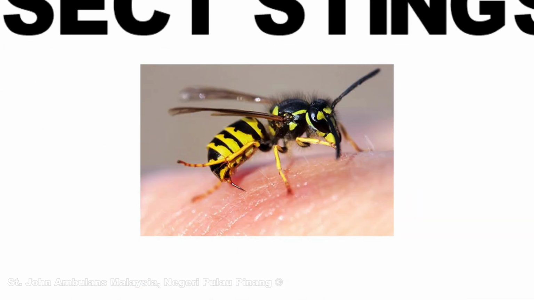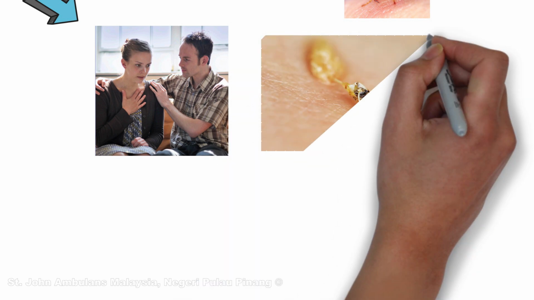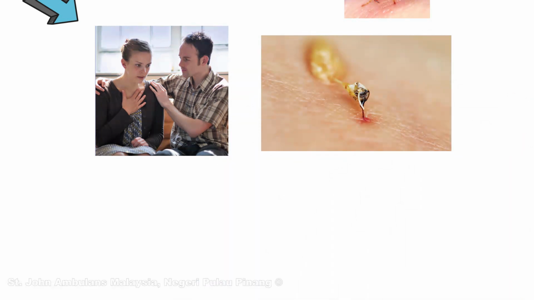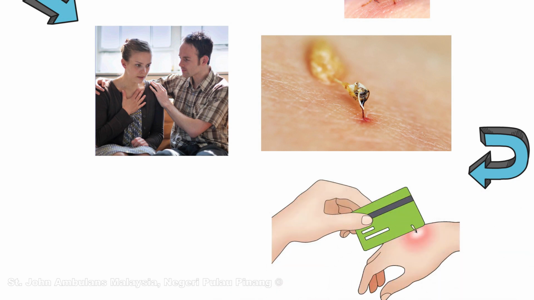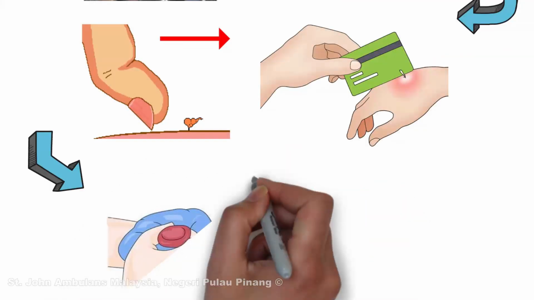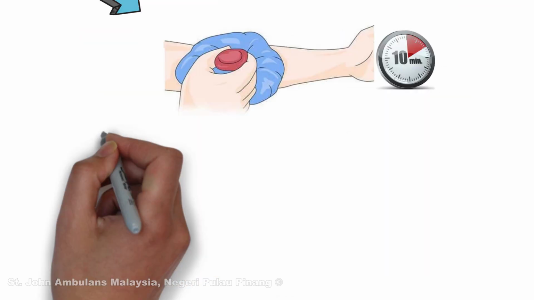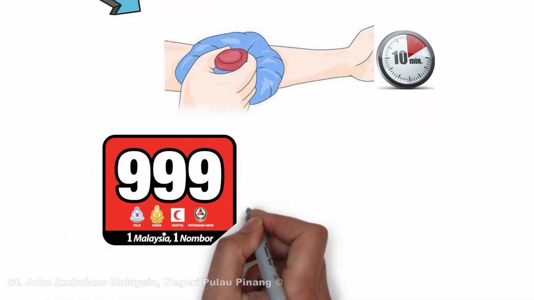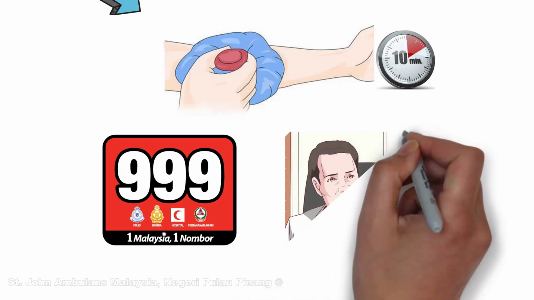After an insect sting, first, you need to reassure the casualty by calming the casualty down. If the sting is visible, brush or scrape it off sideways with the edge of a credit card or your fingernail. Raise the affected part and apply an ice pack for at least 10 minutes to minimize swelling. Arrange for the casualty to seek medical advice by calling 999, or you can bring them yourself.